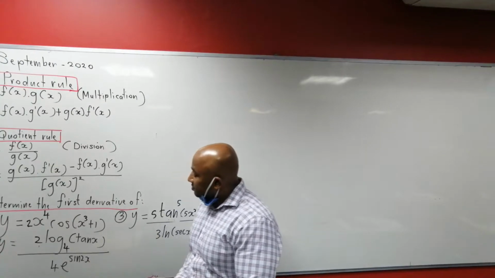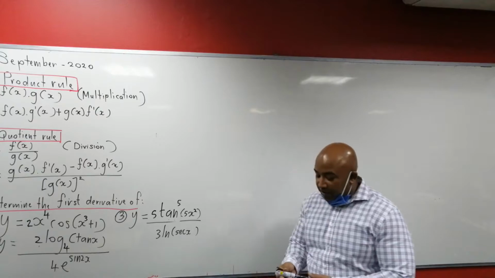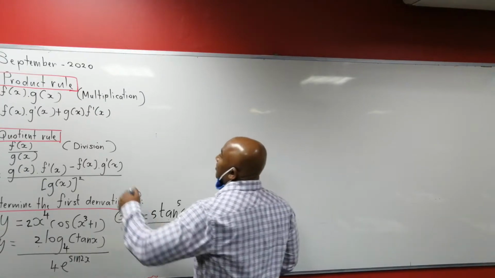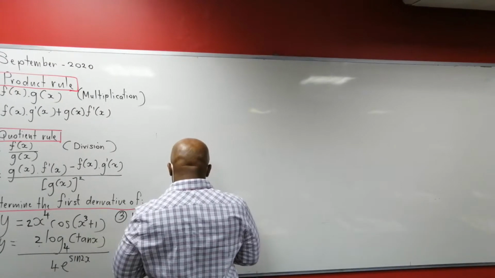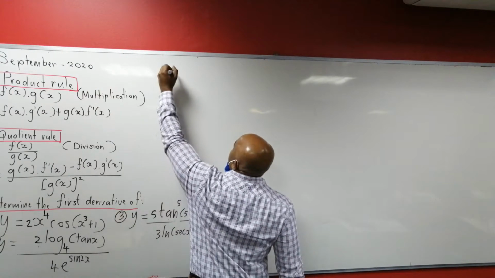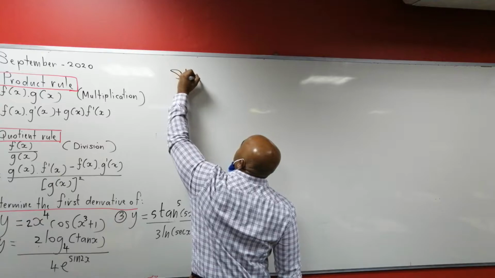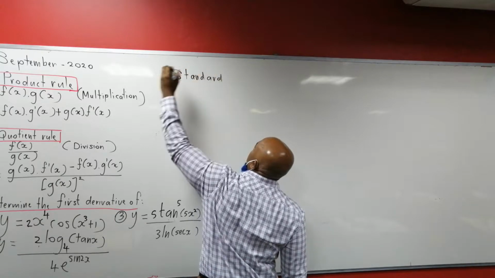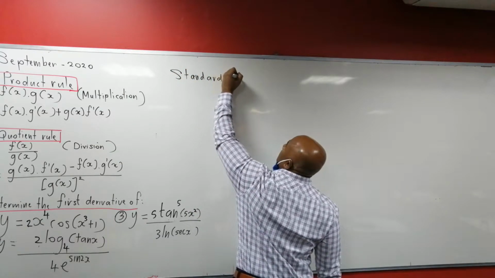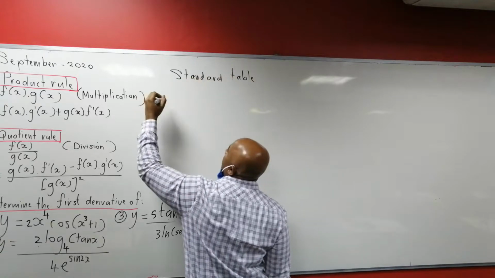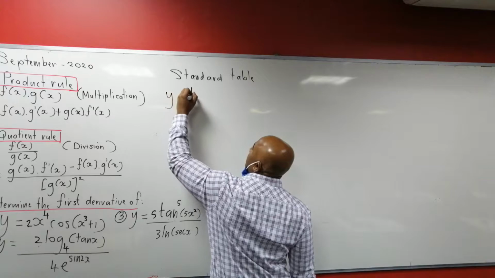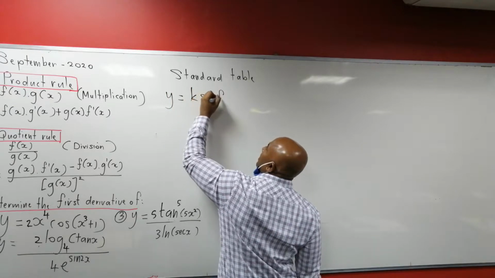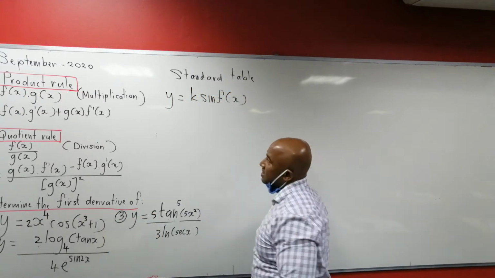So now, previously, from the table of derivatives, this is your standard table. Let's take an example. We have y equals, let's say, k sine f of x.